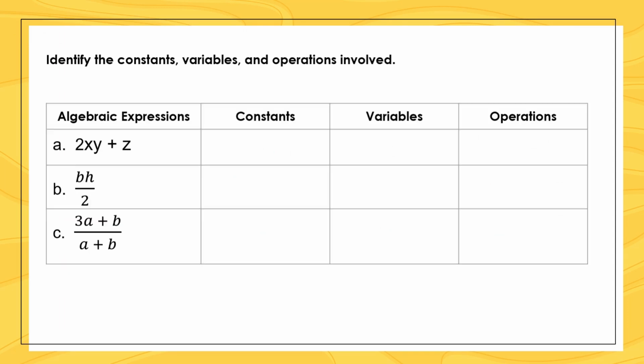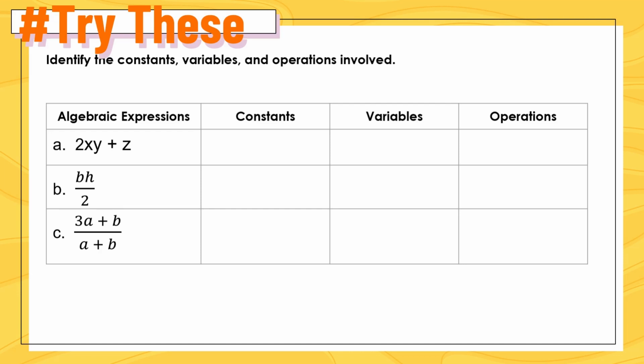Go to your book, open your book, and go to page number 180. Please identify the constants, the variables, and operations involved in this algebraic expression. You may pause this video, and then after answering, check your answer. Or continue watching the video.